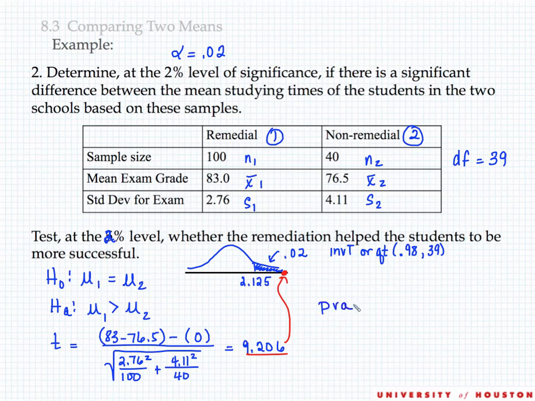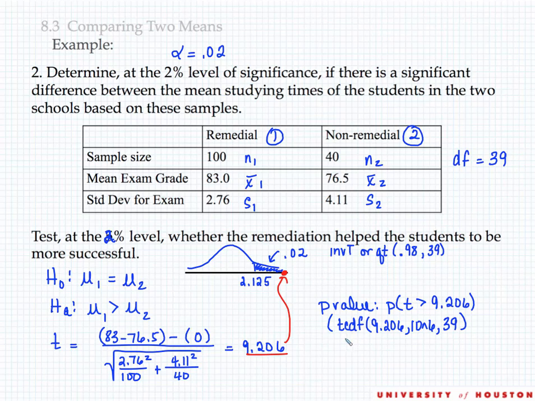My p-value is the probability that t is greater than, for my alternate hypothesis, 9.206. Here we could use TCDF. This would be my lower bounds. My upper bounds would just be some large number like 10 to the 6, and my degrees of freedom is 39.